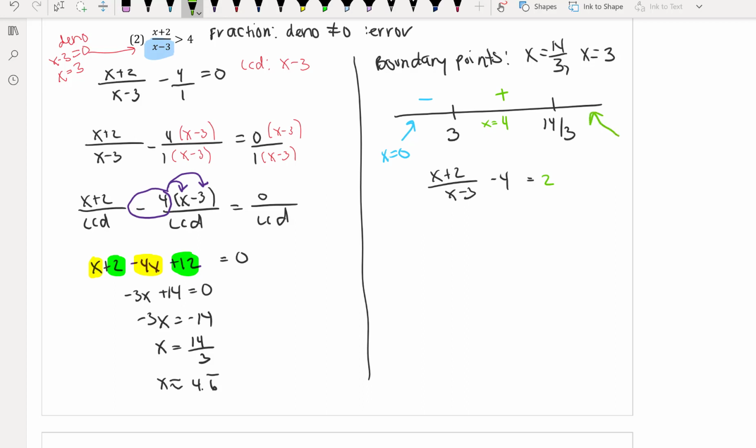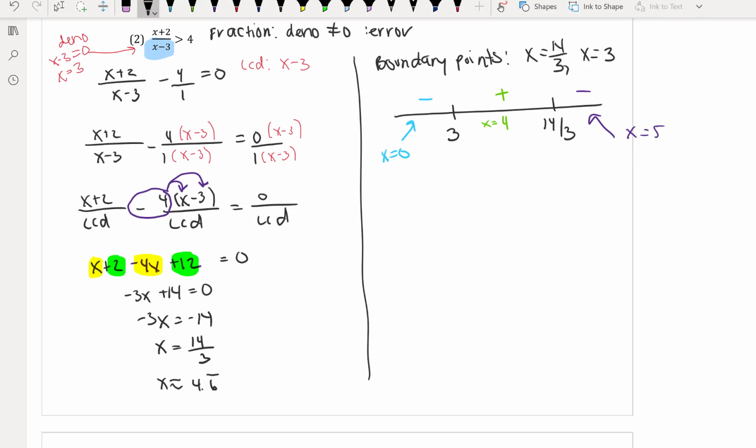Now I'm going to try the exact same thing over on this side. Let's try x is equal to 5 and see what we end up getting. So I'm going to have my fraction 5 plus 2 over 5 minus 3, all subtracted by 4, and I get a negative 1/2. So there is my negative value here.